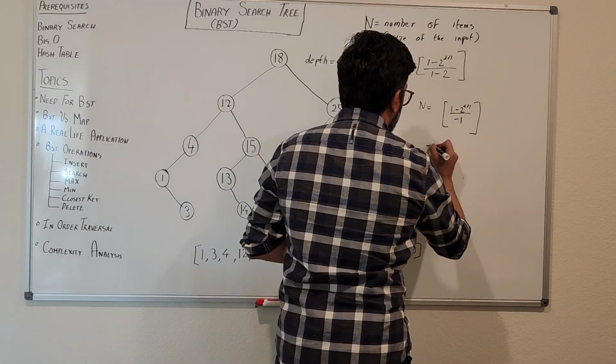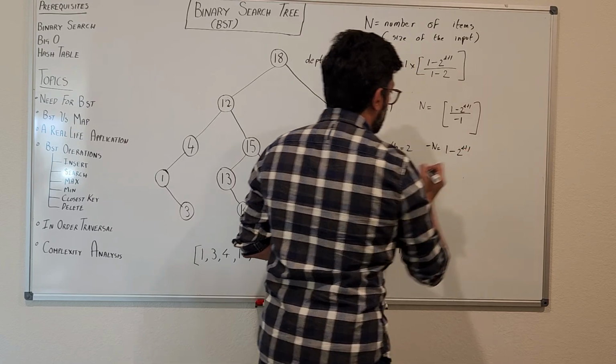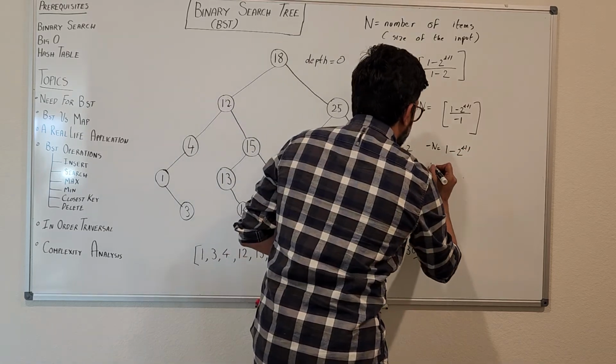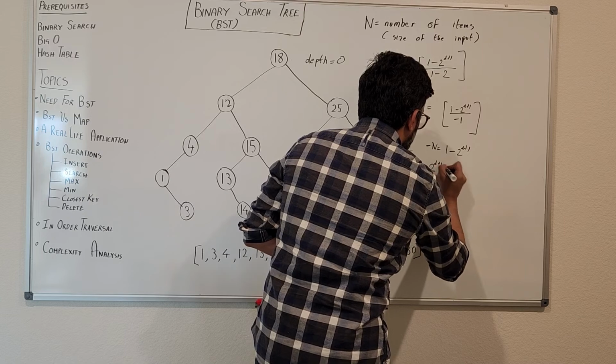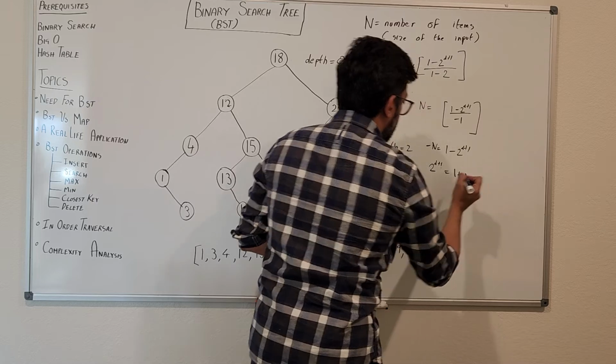So this becomes minus n is equal to 1 minus 2 raised to d plus 1. And that becomes 2 raised to d plus 1 equal to 1 plus n.